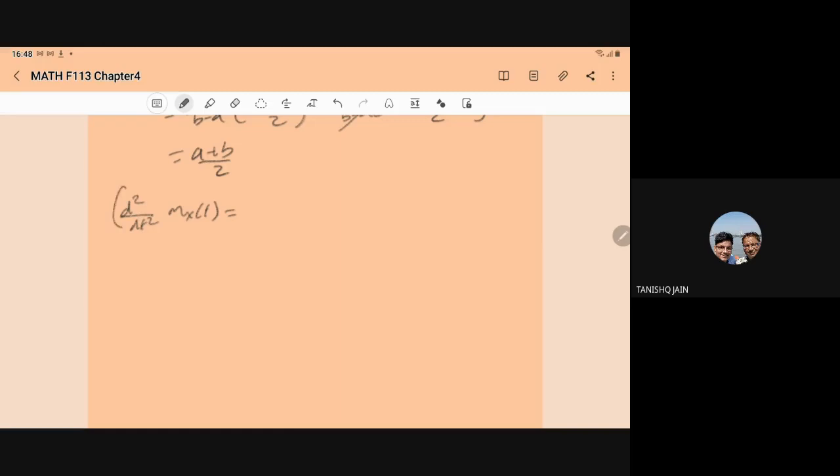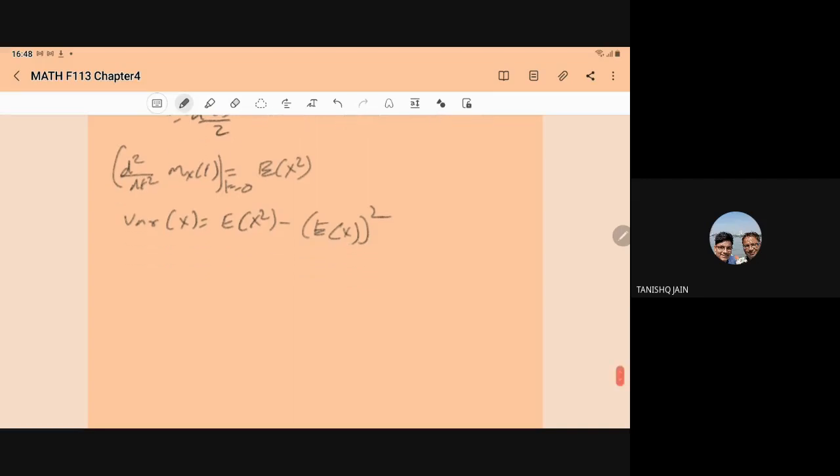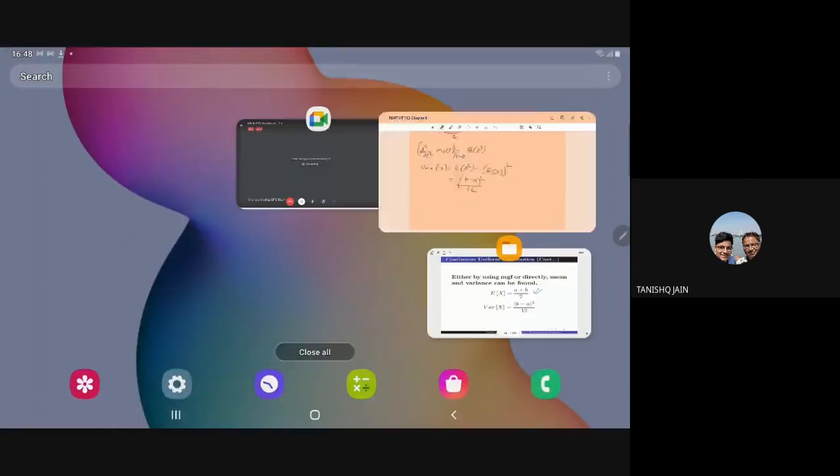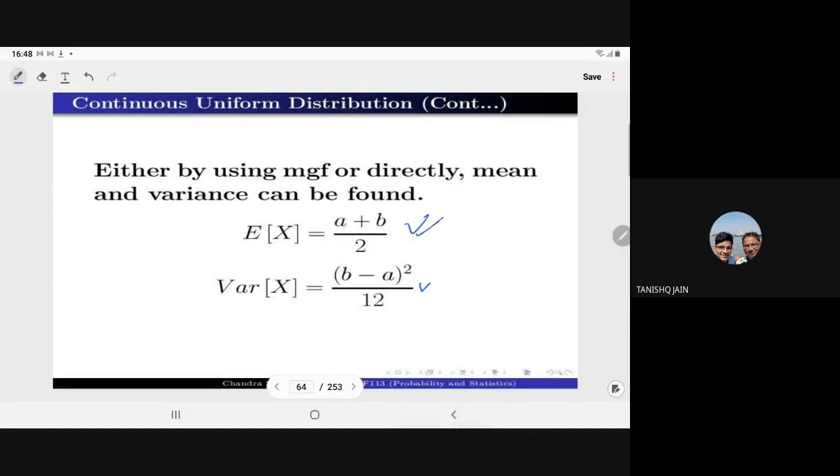And when we put t equal to 0, it will give you E of x square, and variance of x will be E of x square minus square of Ex. So on solving, it will give you b minus a whole square upon 12. So that is the variance of the uniform distribution by the MGF.